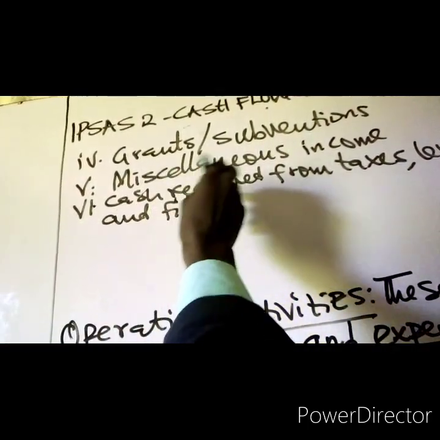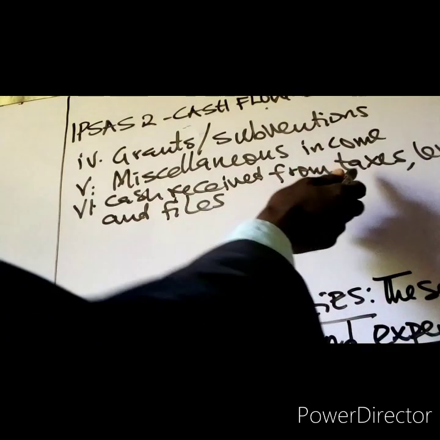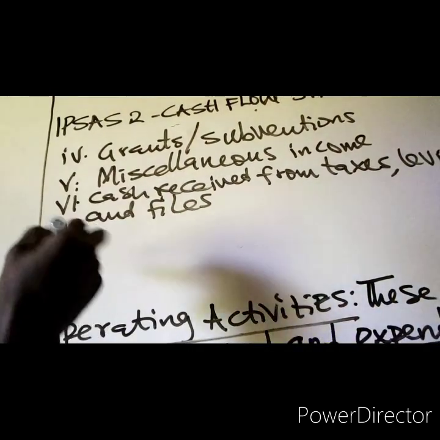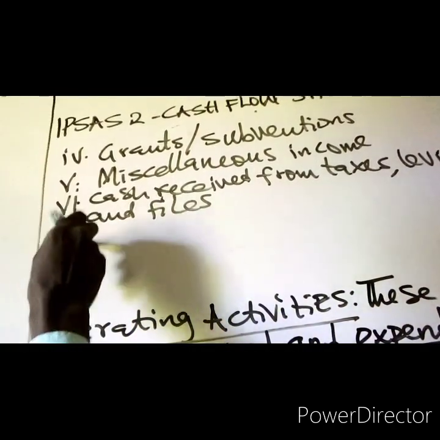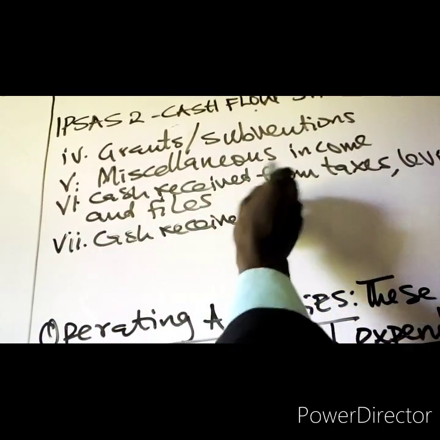All these items fall under operating activities. Cash received from taxes, levies, and fines. Then we have cash received from royalty. Number 7, cash received from royalties.